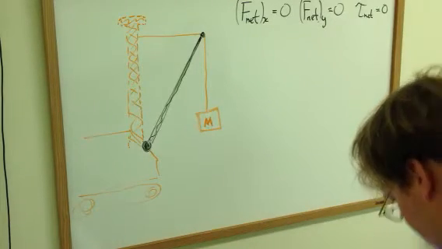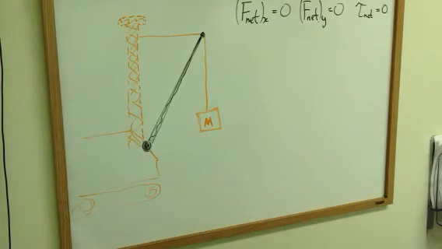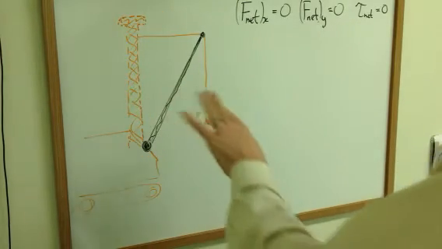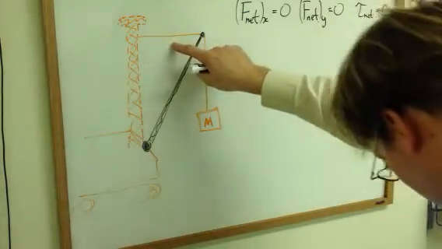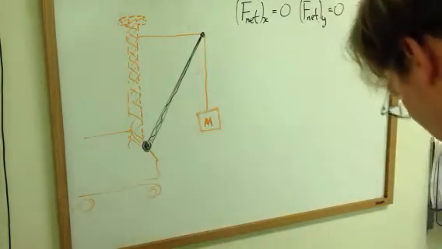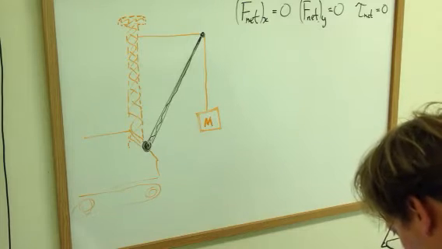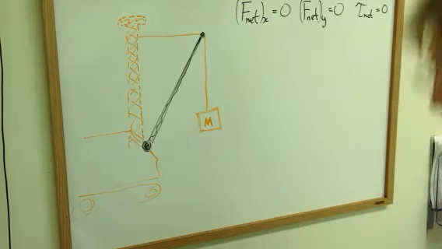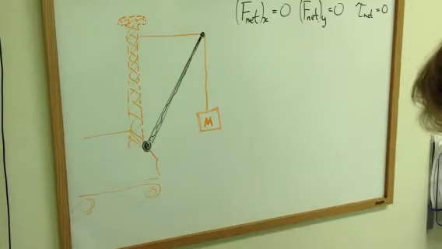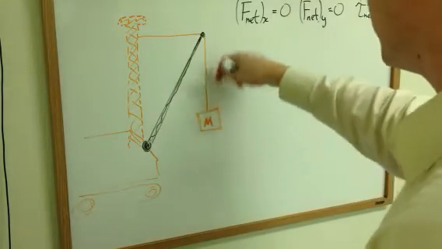Something that's not that obvious in the question, and there could be some confusion, is this is called the guy wire, and this is the tension in the guy wire, and then there's this tension down towards the load.